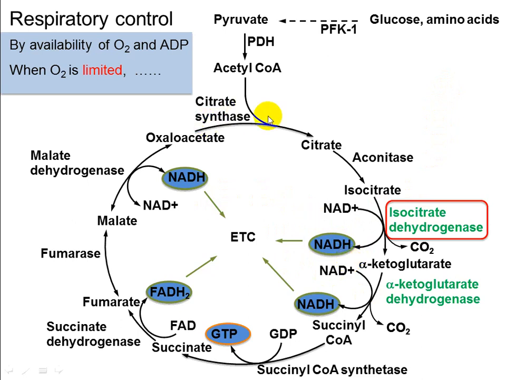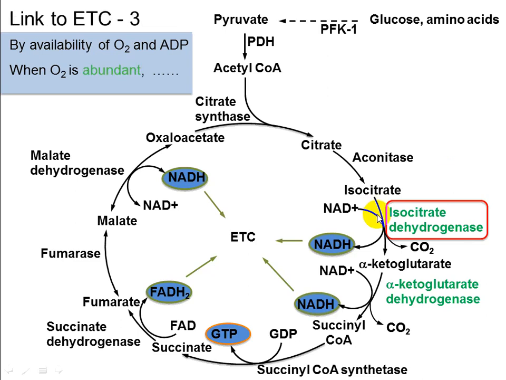We should slow down the production of NADH, and this can be achieved by slowing down the TCA cycle. This occurs by inhibition of isocitrate dehydrogenase by NADH. So these results indicate regulation of the TCA cycle and electron transport chain are coordinated.